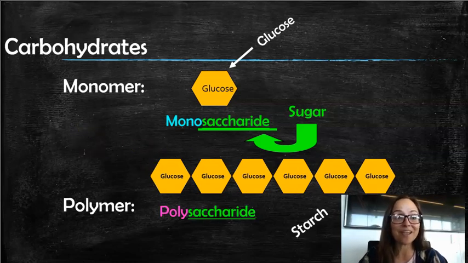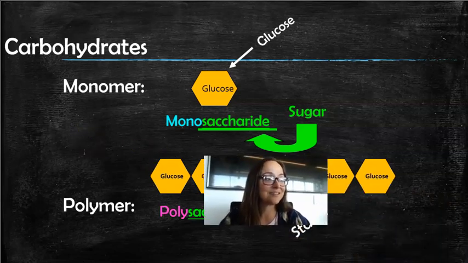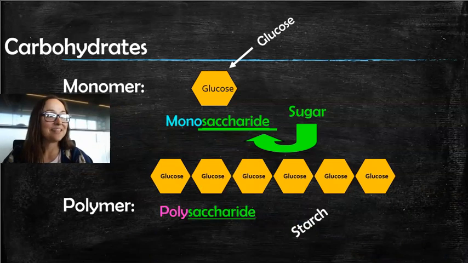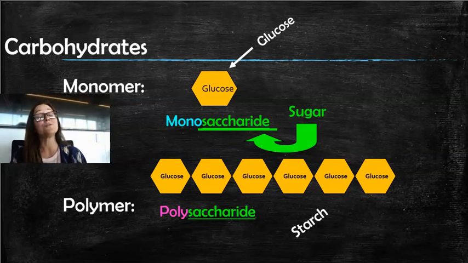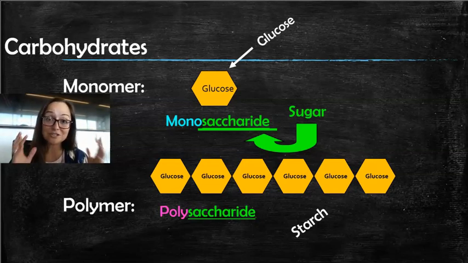Examples: a starch is a very common polysaccharide in plants. That's how plants store their energy for the long term. When you eat a potato, rice, bread, or pasta, you are eating starch.